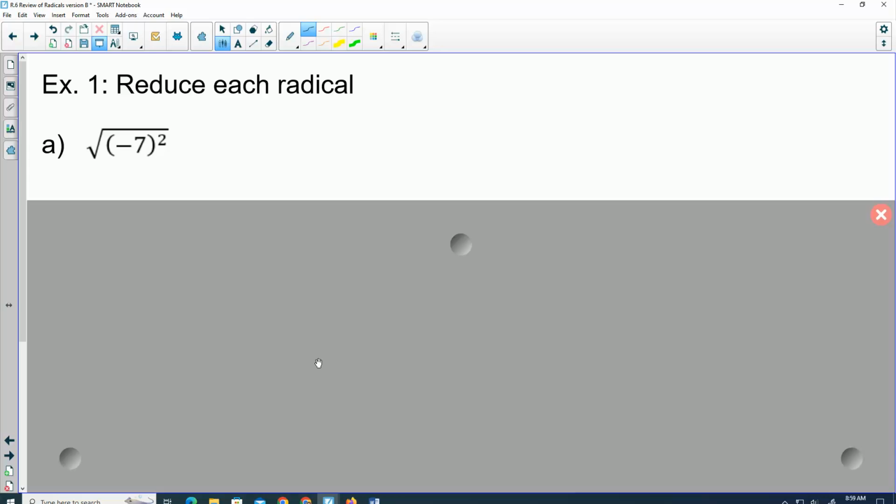So that means -7 times -7. What would that give us? And what is the square root of positive 49? 7. So you do have to be a little bit careful there. When you square it, the negative will go away. And when you do the square root, you do get the positive.